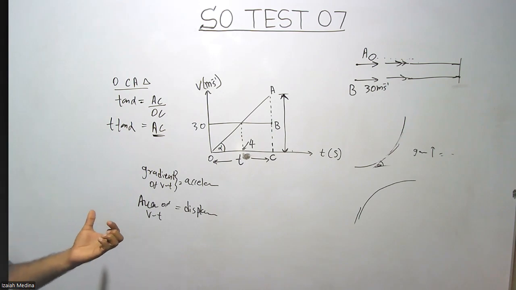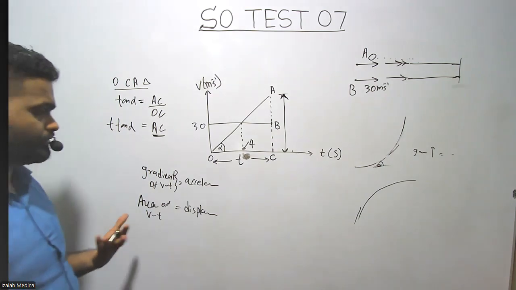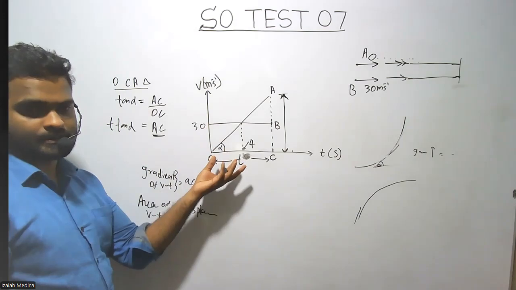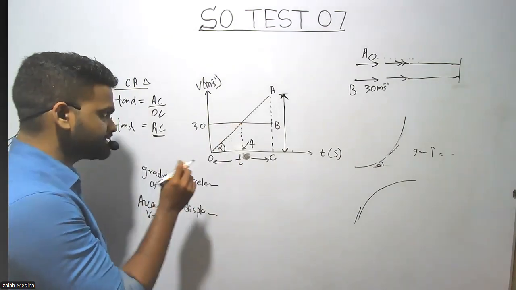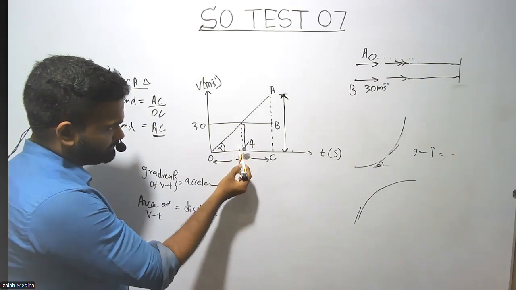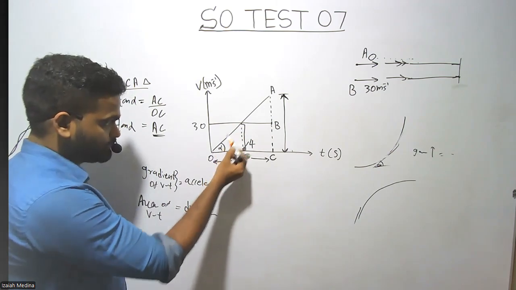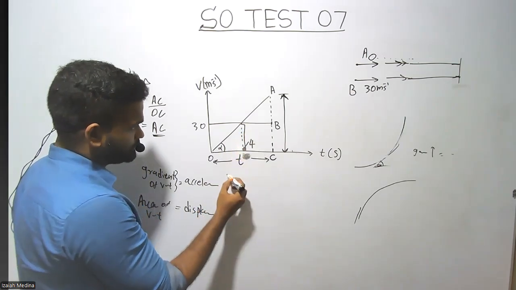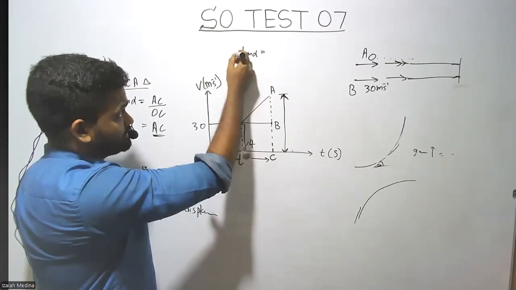Another thing you need is that tan alpha is the acceleration, right? So let's see whether we can find the acceleration here. In order to find the acceleration, you need to get the gradient. So how do we find the gradient? This y coordinate difference divided by the x coordinate difference. That gives us tan alpha, which is the gradient. Tan alpha is the acceleration, right?